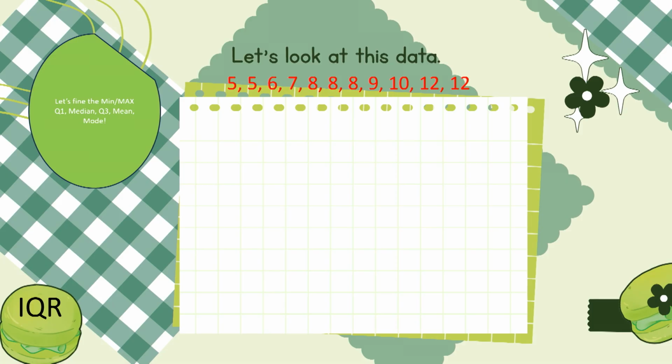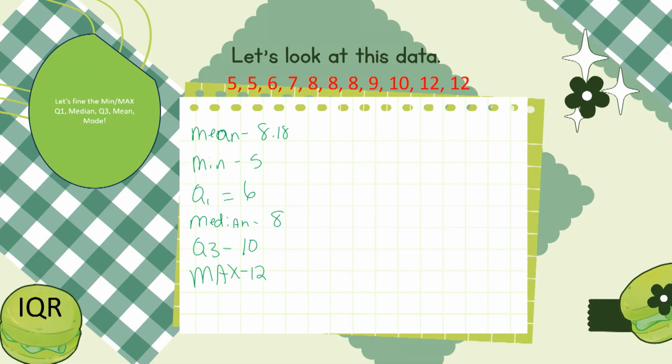So we said that my mean was 8.18. My minimum was 5. My Q1 is 6. My median, which is the middle, we said was 8. Q3 was 10, and obviously my max is 12.